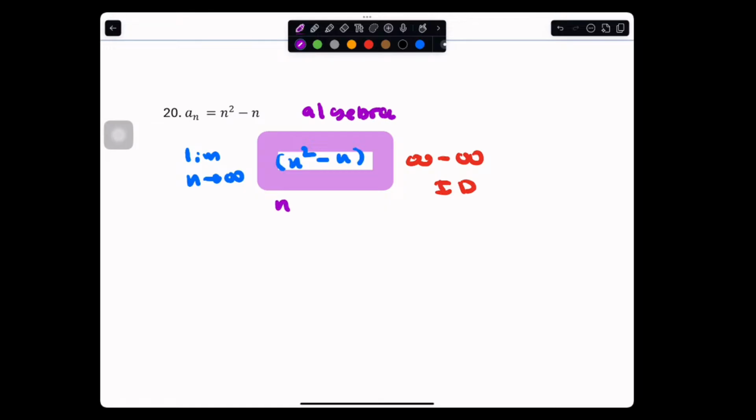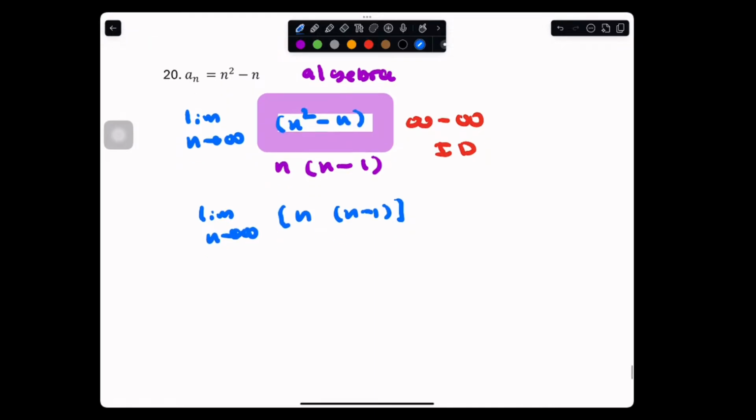So factor out your n, and we get n minus 1 here. So we'll have the limit as n goes to infinity of n times n minus 1, which we now get by the product rule of limits: infinity times infinity, which gives you infinity.